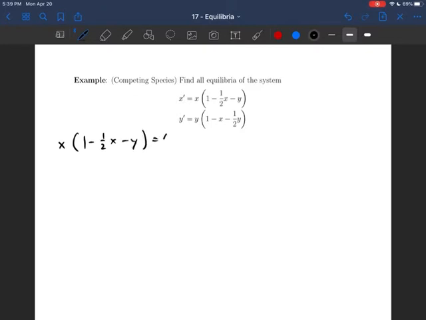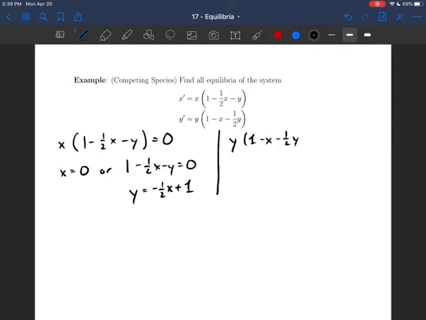If we're finding equilibria, we need to set these two equations equal to 0. From the first one, we have x times (1 minus 1/2 x minus y) equals 0, which gives us x equals 0, or 1 minus 1/2 x minus y equals 0, which we could rewrite as y equals minus 1/2 x plus 1. So one of those things has to happen. And we also have y times (1 minus x minus 1/2 y) equals 0.